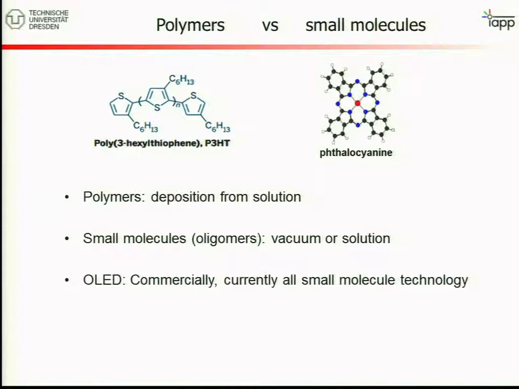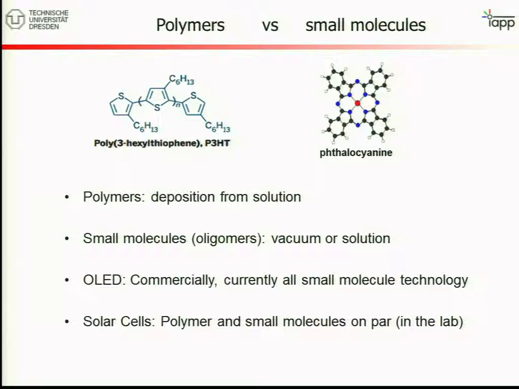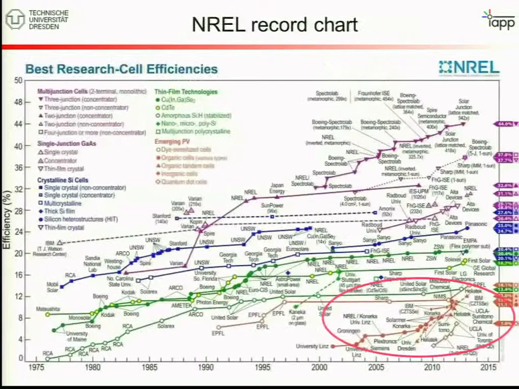In organic LEDs, today the commercially applied organic semiconductors are all done with small molecules and evaporation. In the solar cell field, both technologies are investigated, and at least in the lab, they are almost on par. In production, maybe evaporation is a little bit ahead. But that's not really important, but keep it in mind, there are different varieties to deposit.